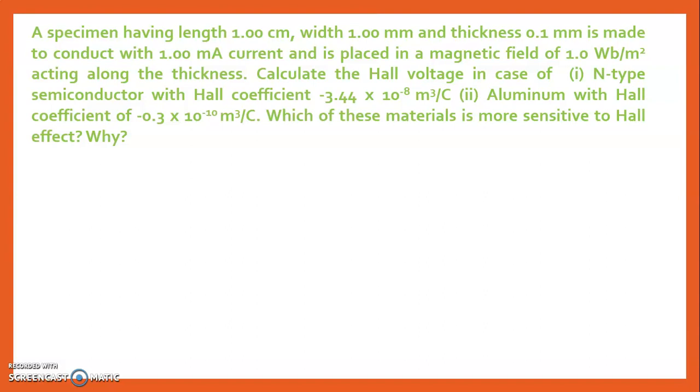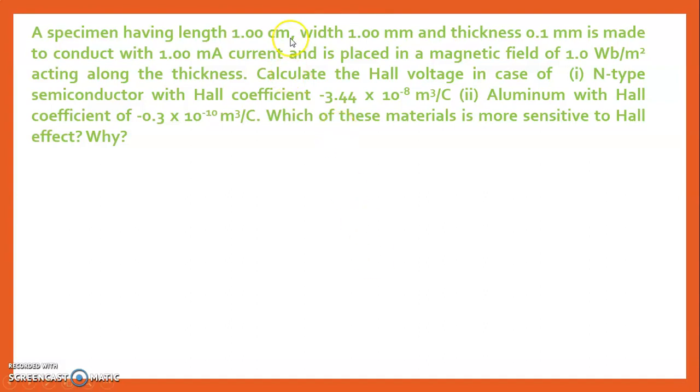Calculate the Hall voltage in case of an N-type semiconductor with Hall coefficient minus 3.44 into 10 raised to minus 8 meter cube per coulomb. Second case, aluminum with Hall coefficient minus 0.3 into 10 raised to minus 10 meter cube per coulomb. And which of these materials is more sensitive to the Hall effect and why.